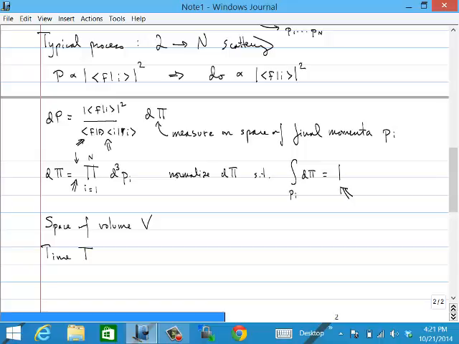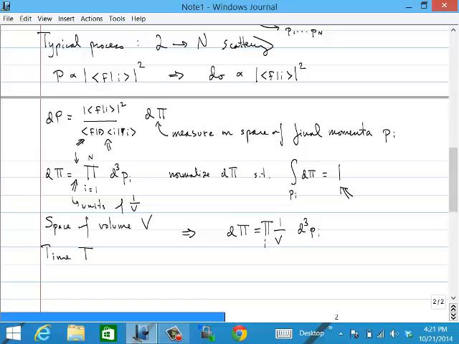So if you want the integral of dΠ to be equal to 1, you need something here which has units of 1 over volume. So what that means is that dΠ really has to be some dimensionless number times 1 over volume times d³p_i, with a product over all i of 1 over volume times d³p_i.